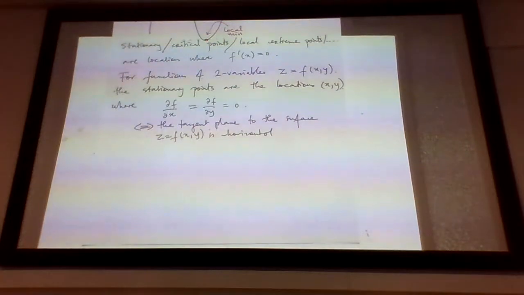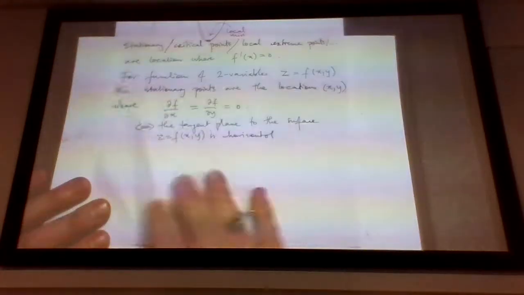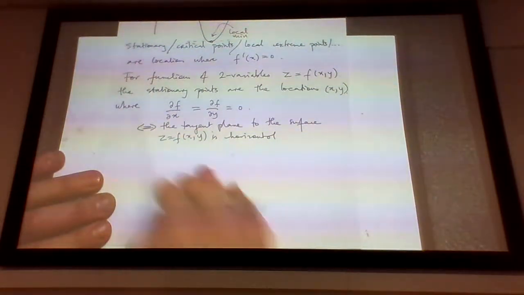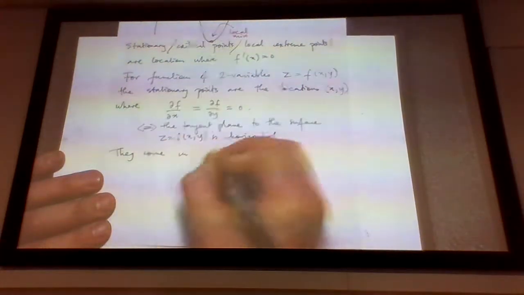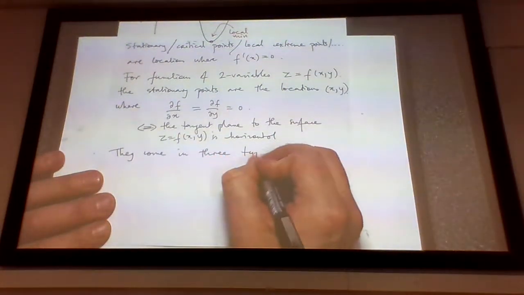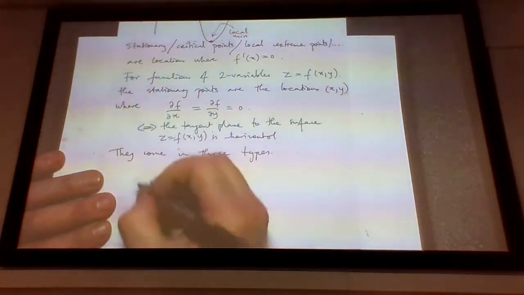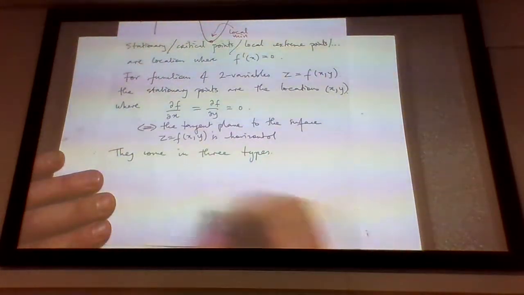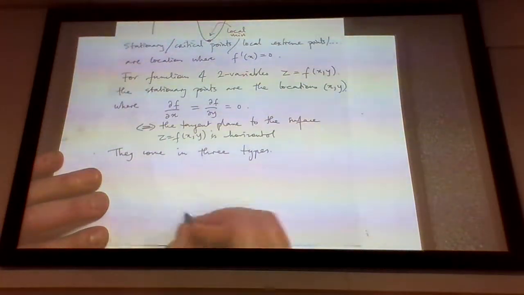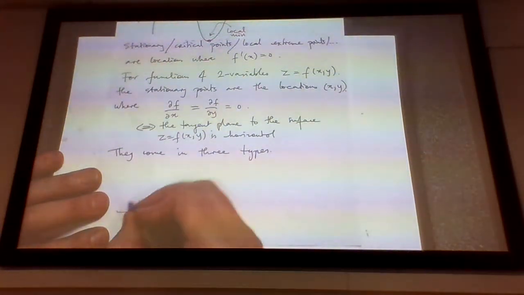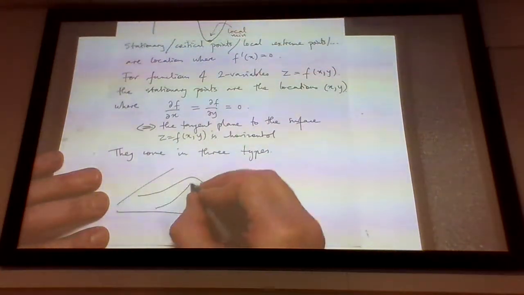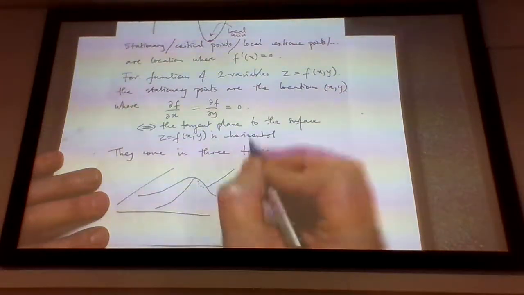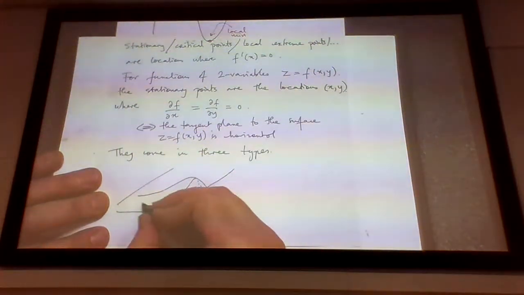Now, stationary points of functions of 2 variables again come in 3 flavors, or 3 types. I'm going to attempt to draw some pictures of them. Yeah, that's pretty good.